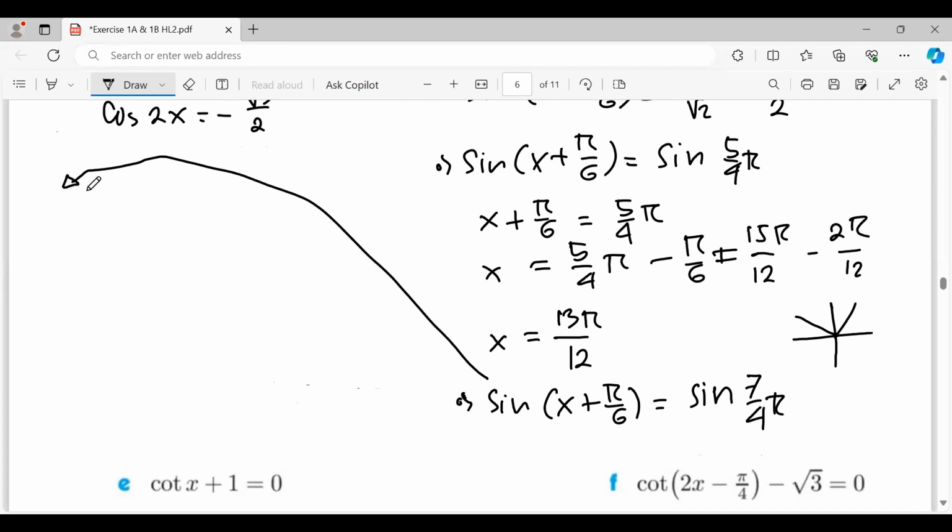The pointers are to here. So x plus π/6 equals 7/4 π. So x was 7/4 π minus π/6, with the denominator as well.